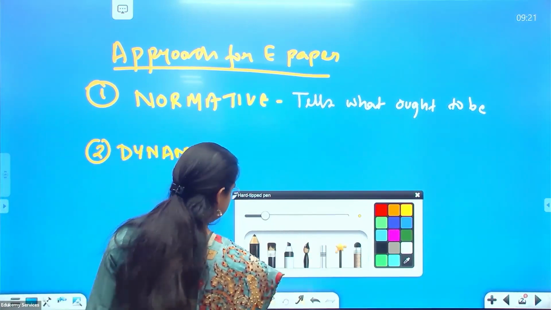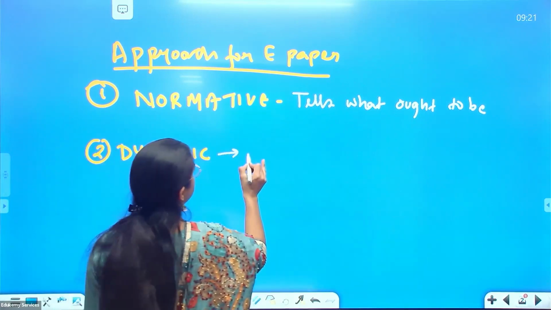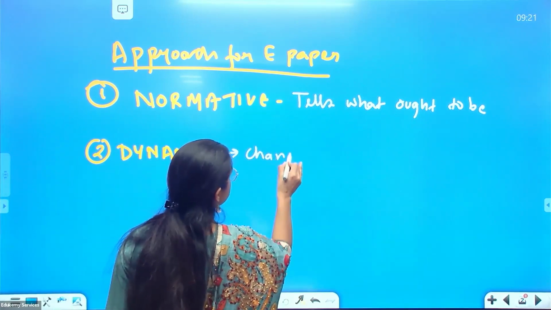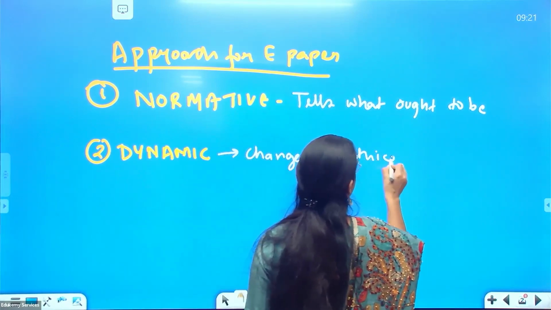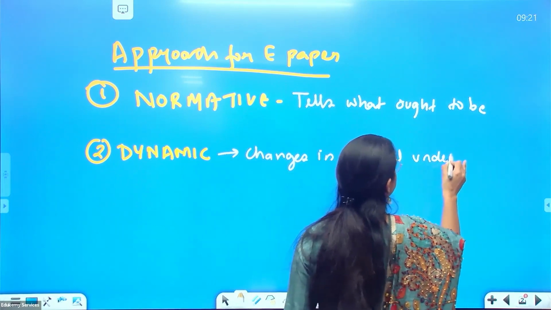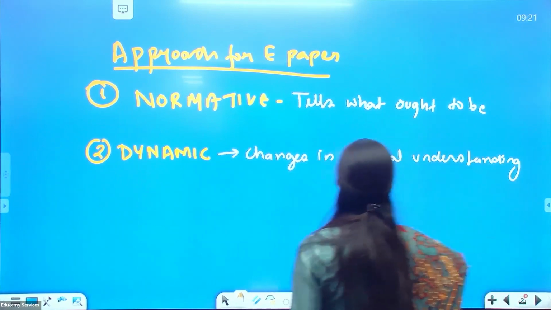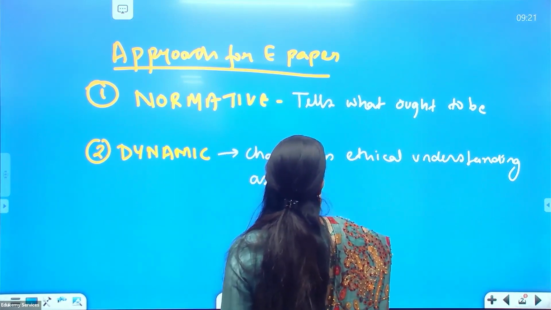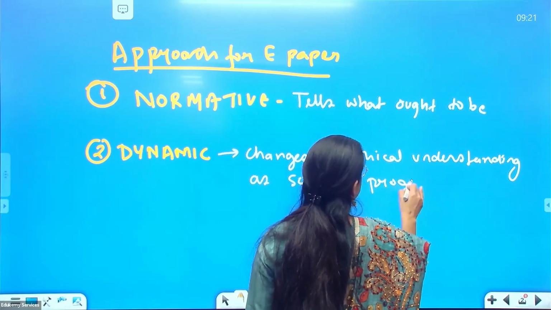Write this. Basically, dynamic means there are changes in the ethical understanding as the society progresses.